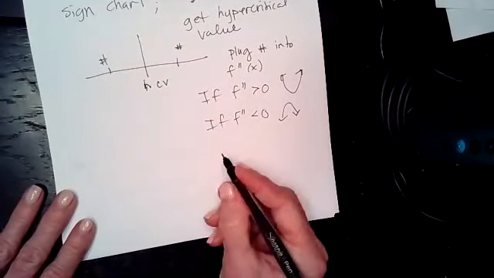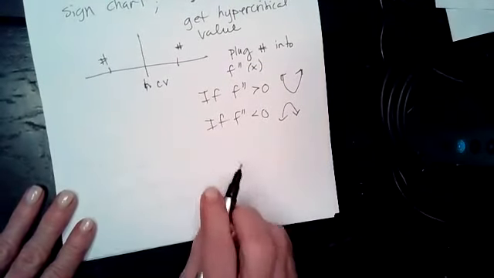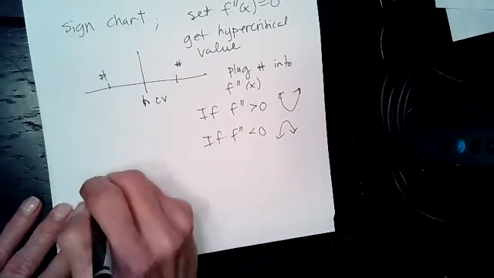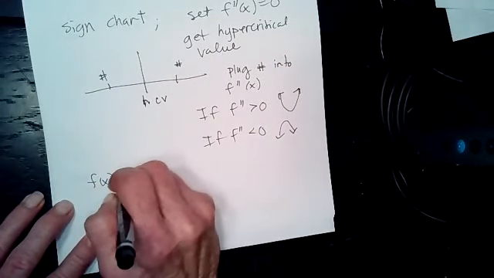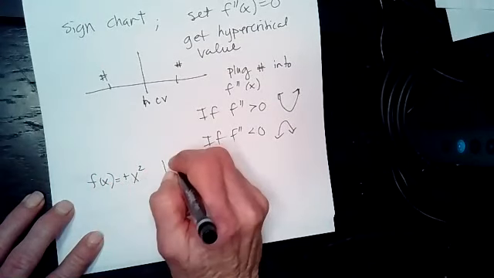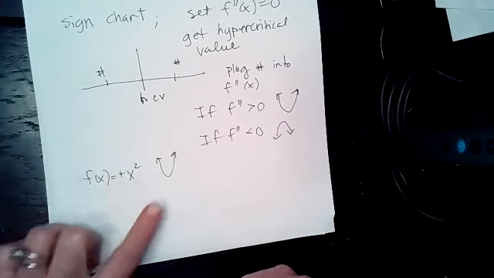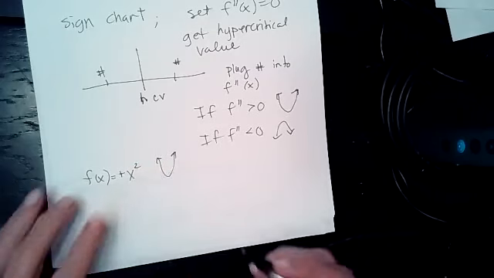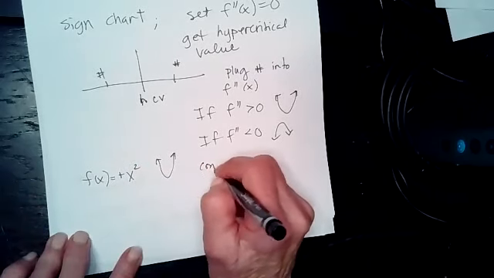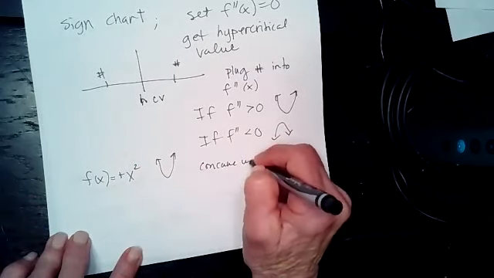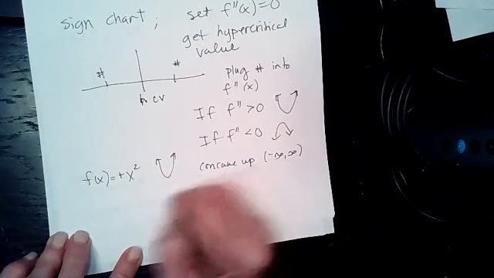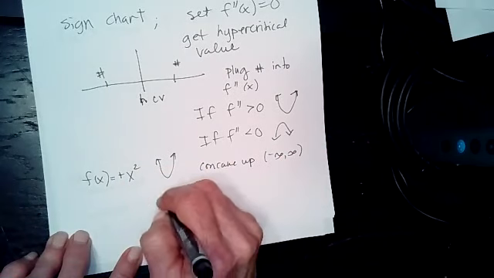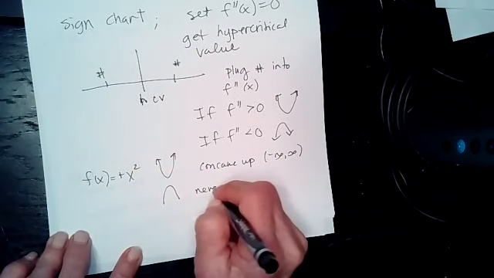But what I want to do is remind you of what my four functions look like. If f of x is a positive x squared, it looks like this. Without any work, it's just always concave up. And where is it concave down? Never.